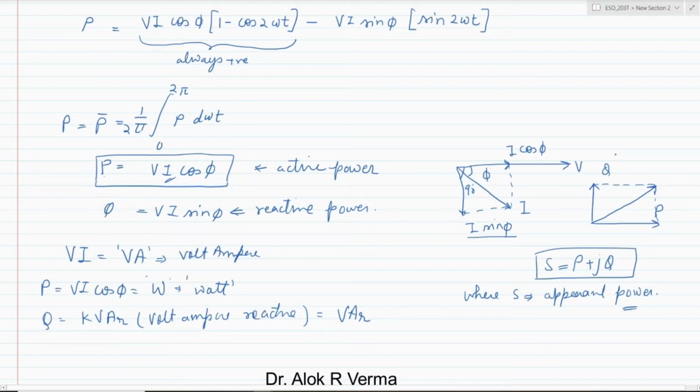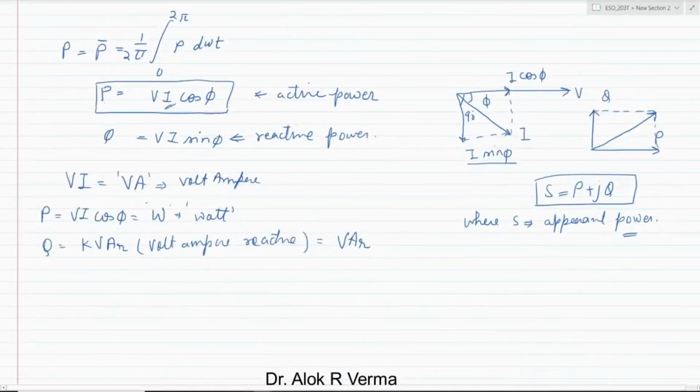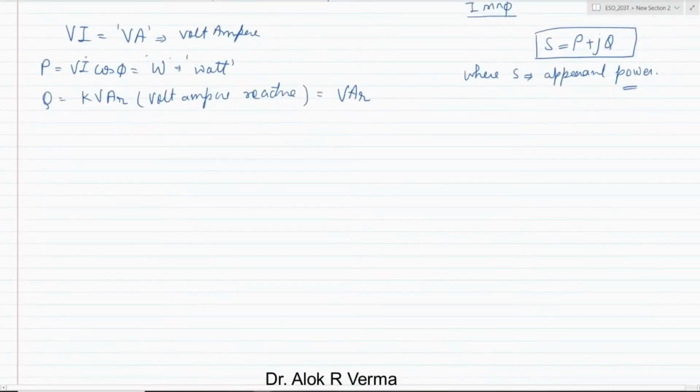So these are the quantities where the cos phi is known as the power factor. So from here onwards, if something comes up as the power factor, okay, because this is a very important quantity in power engineering.